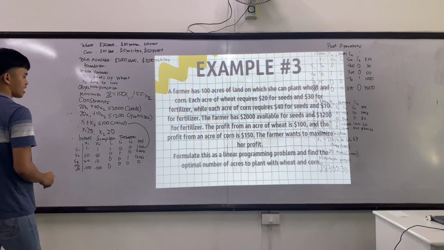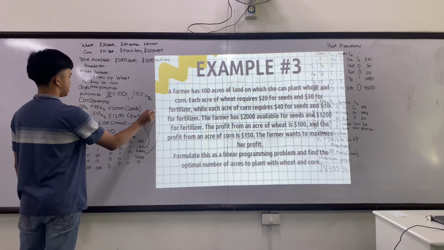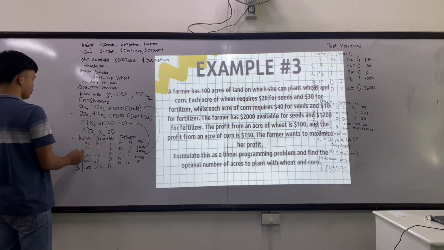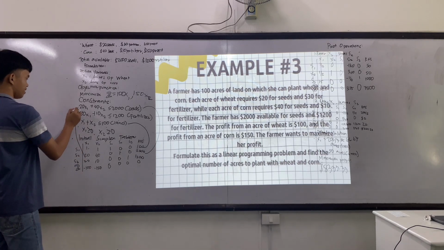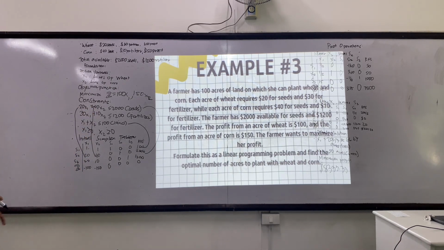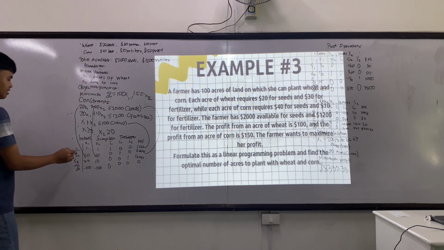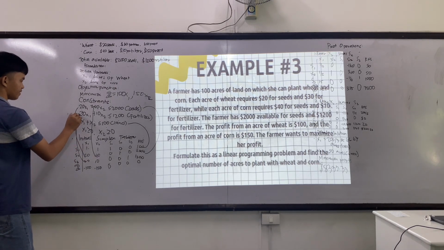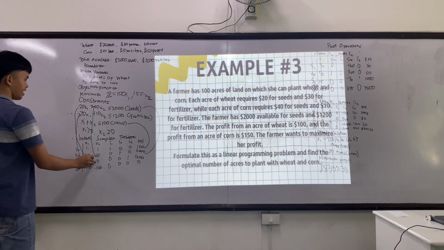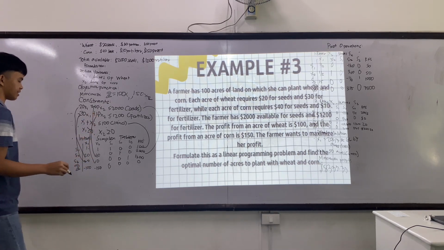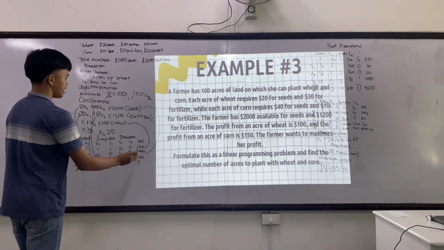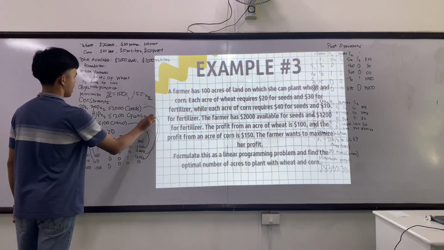The 2,000 we got from seeds, and the 20 and 40 come from here. For s sub 3, we got 30 and 10 from fertilizer, and the rest 0, 0, 1. And the 1,200 here is from fertilizer.